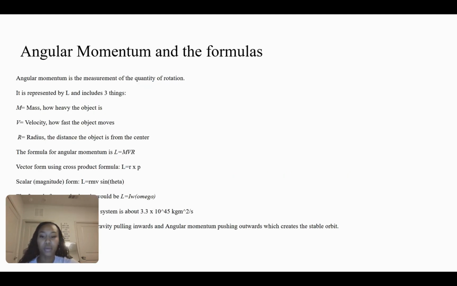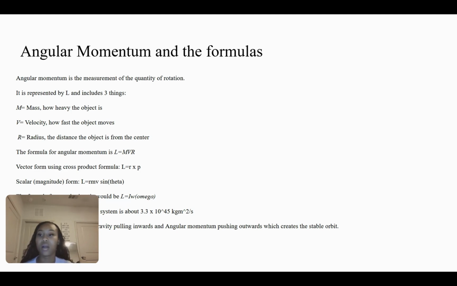So angular momentum is the measurement of the quantity of rotation. It is basically the rotational equivalent of linear momentum.